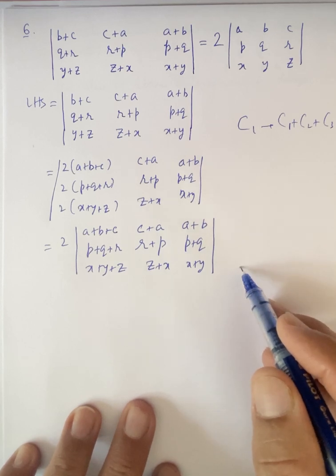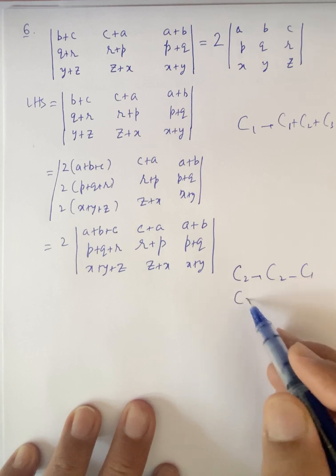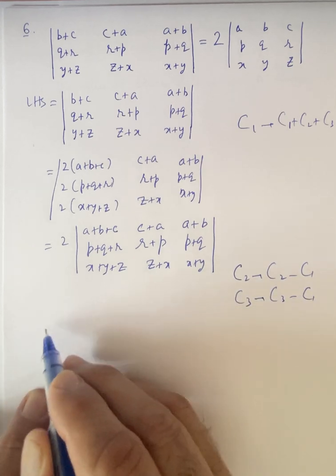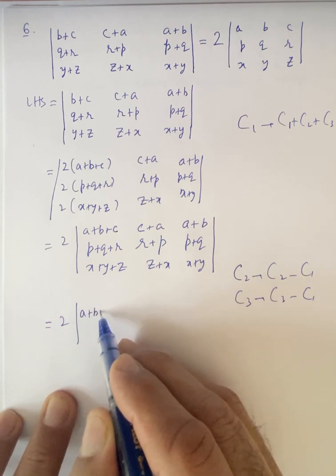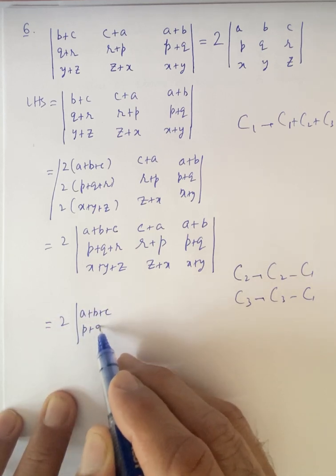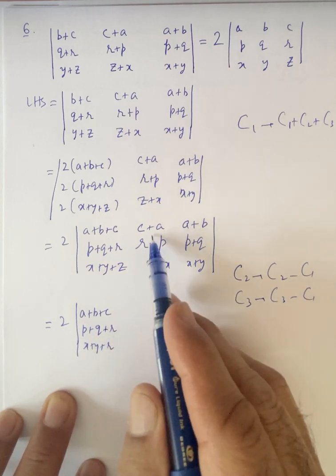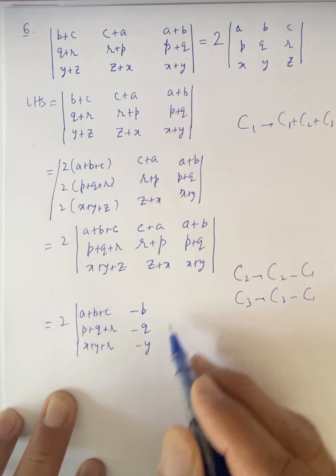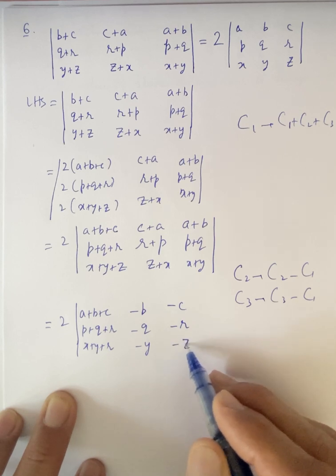Let's change second column to second minus first and third to third minus first, so that we have first column as it is. This, minus b, minus q, minus y, minus c, minus r, and minus z.